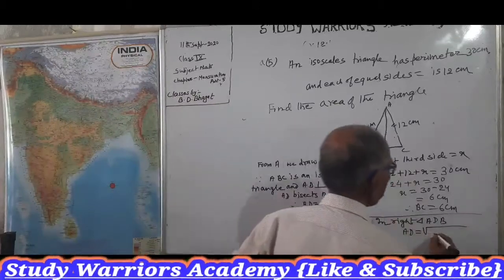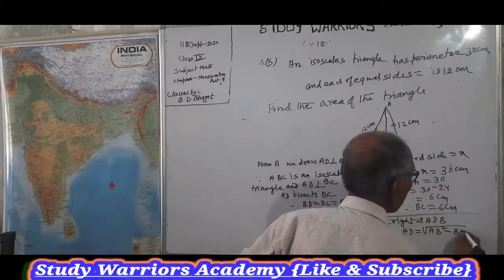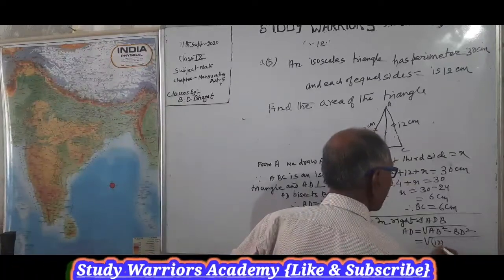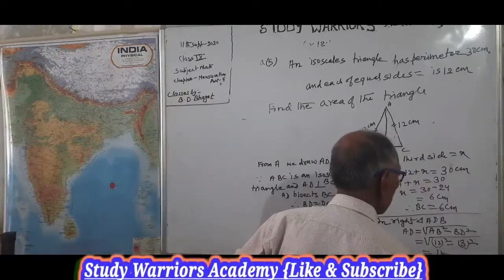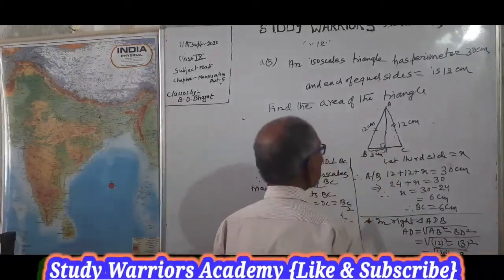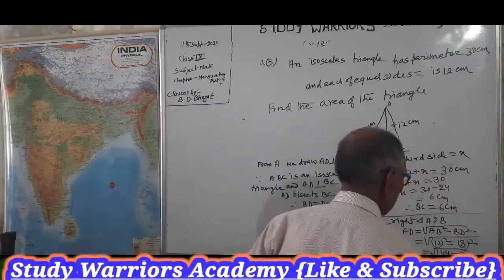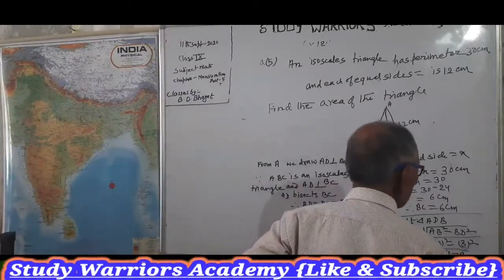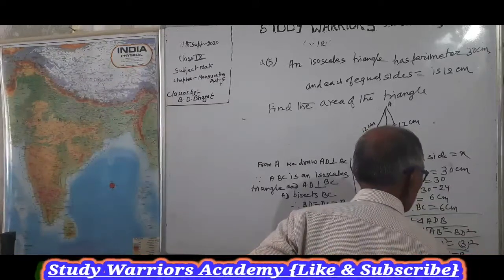Under root AB square minus BD square is equal to 12 square minus 3 square is equal to 144 minus 9 is equal to under root 135.